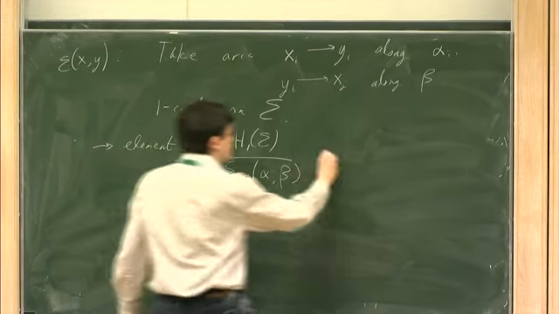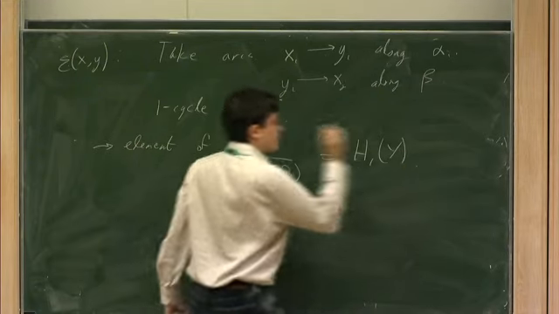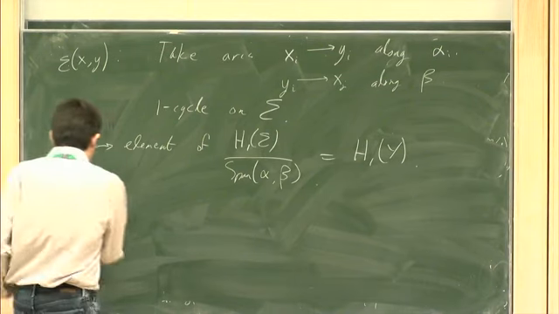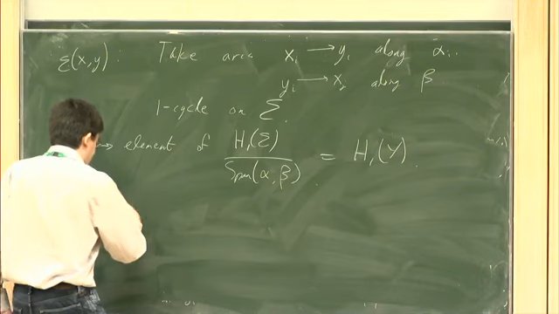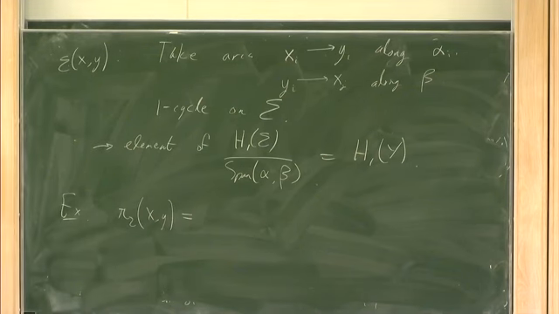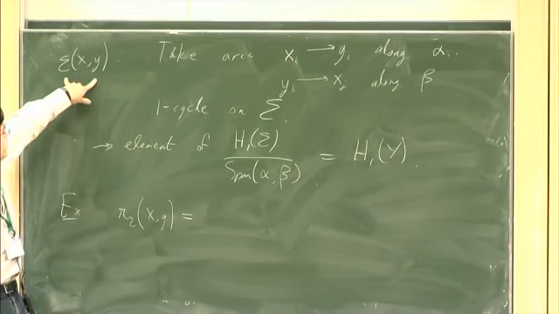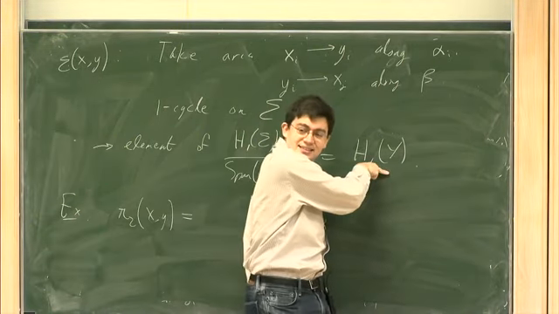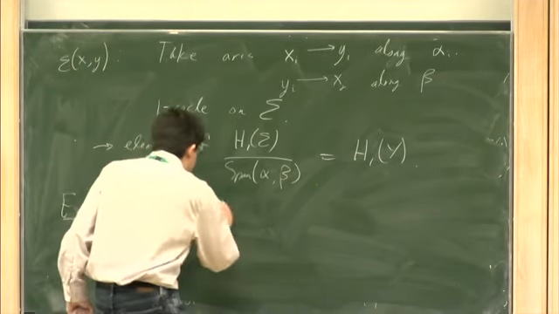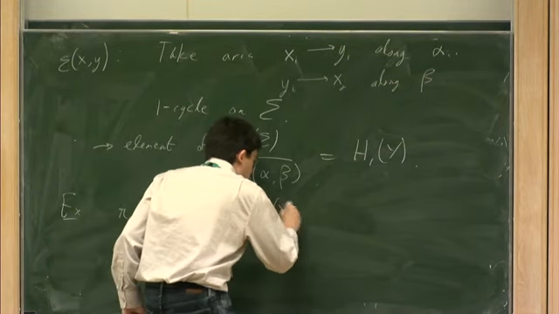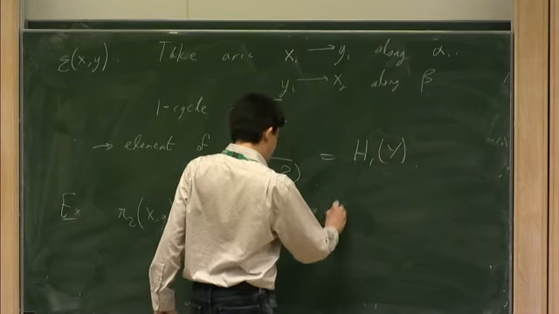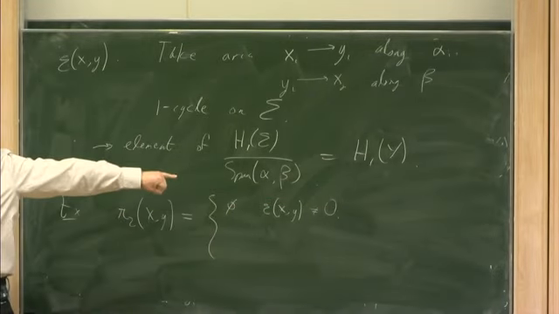But of course that is just H1 of Y. Okay? And so my claim, and this is something you can check, is that epsilon of xy is defined as this homology class here. Okay? So pi 2 of xy is going to be empty if epsilon of xy is non-zero, right? This is the obstruction. Precisely that.